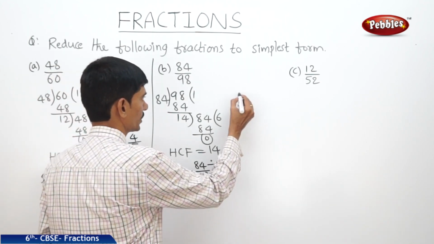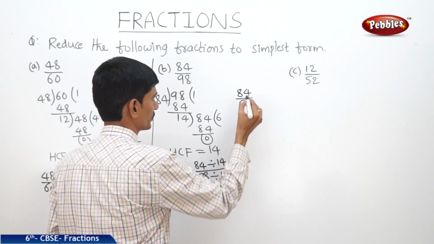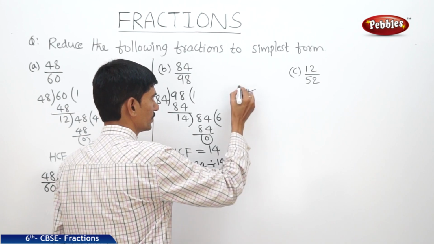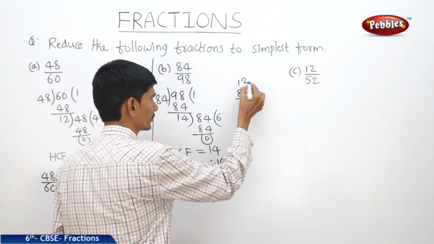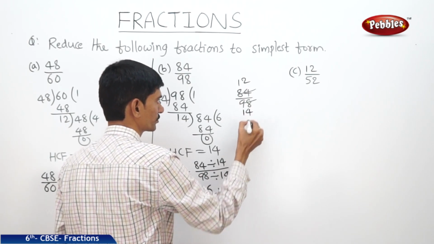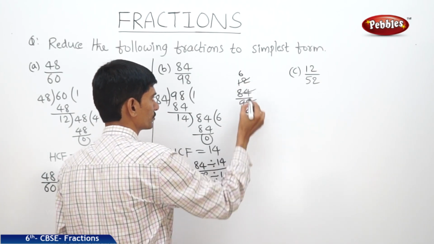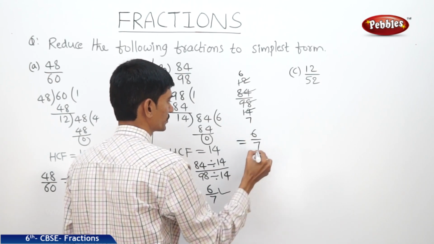So we can cancel 84 and 98. So if we cancel in the 7 table, 7 1s are 7, 1 is the remainder here, 14, 7 2s are 14, and 7 1s are 7, 2 remainder 28, 7 4s are 28. And we can cancel in the 2 table, 2 6s are 12, 2 7s are 14, so we get 6 by 7.